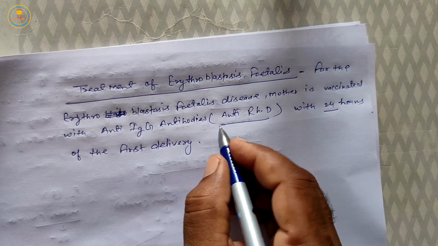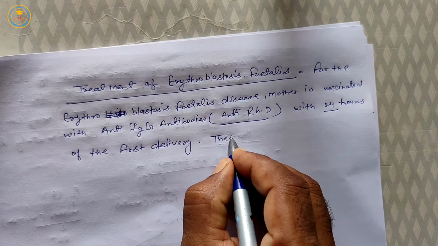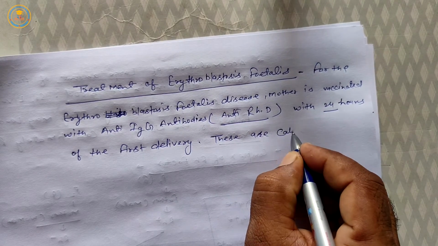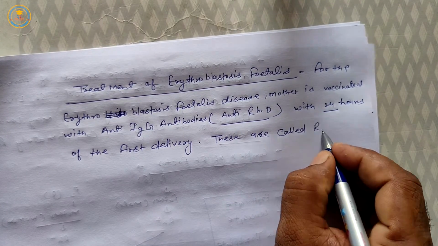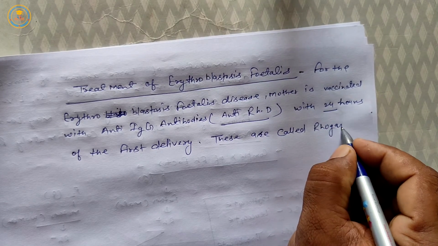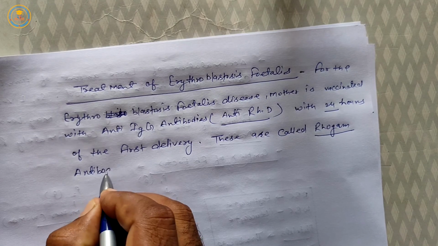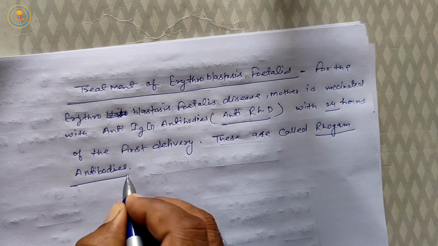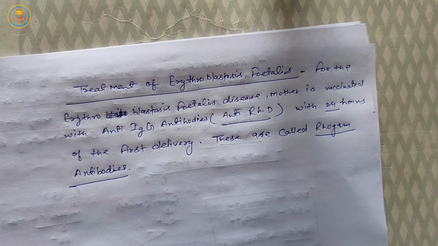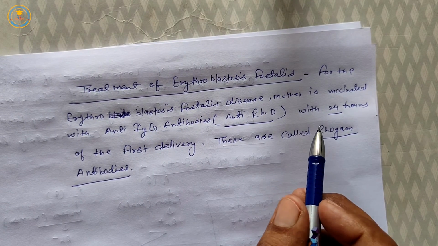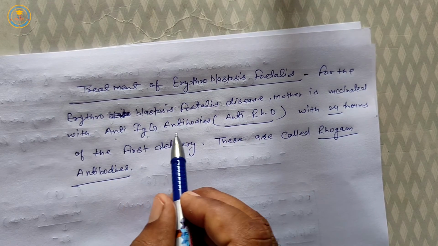Students, these are called Rhogam antibodies. Once again, treatment of erythroblastosis fetalis. For the erythroblastosis fetalis disease, the mother is vaccinated with anti-IgG antibodies.